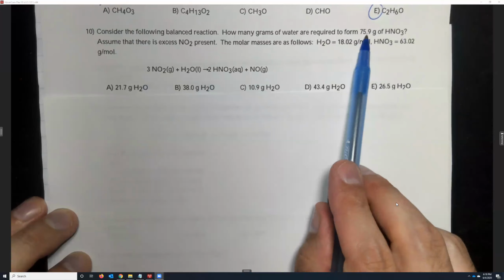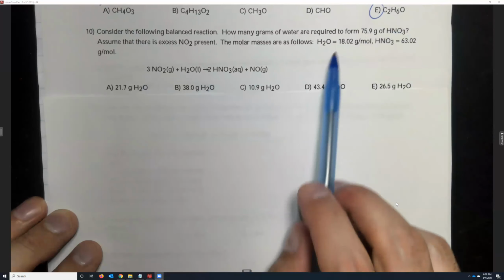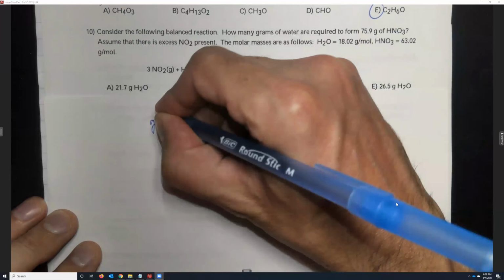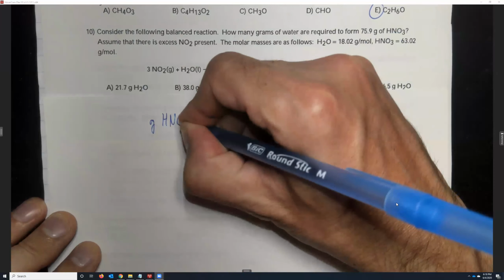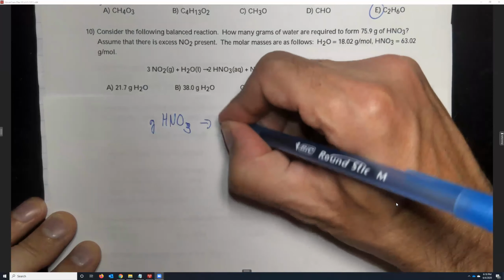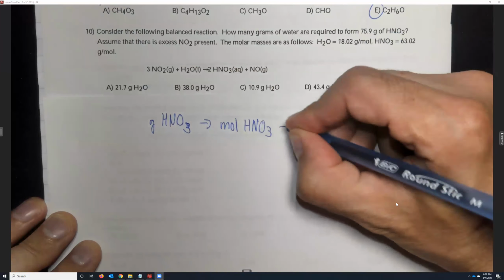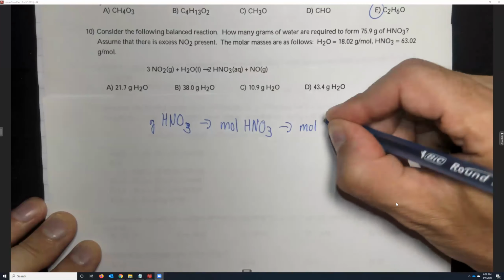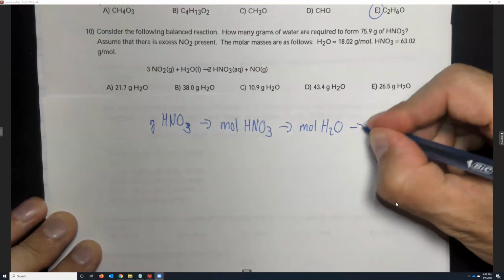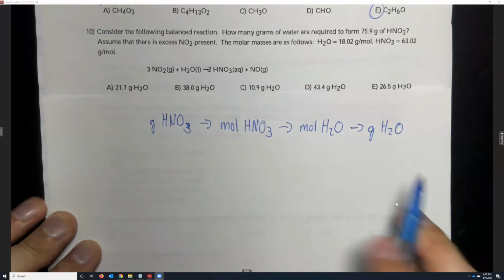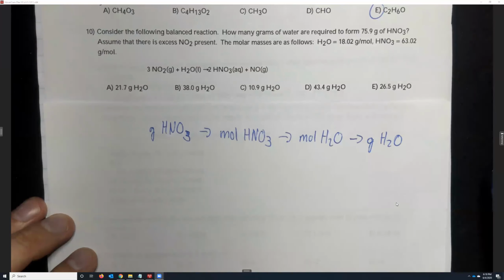But we're not given moles of this, we're given grams of this. So this is a stoichiometry problem. We need to go from grams of HNO3 to moles of HNO3 to moles of water to grams of water. All right, so this is basically our plan of attack.